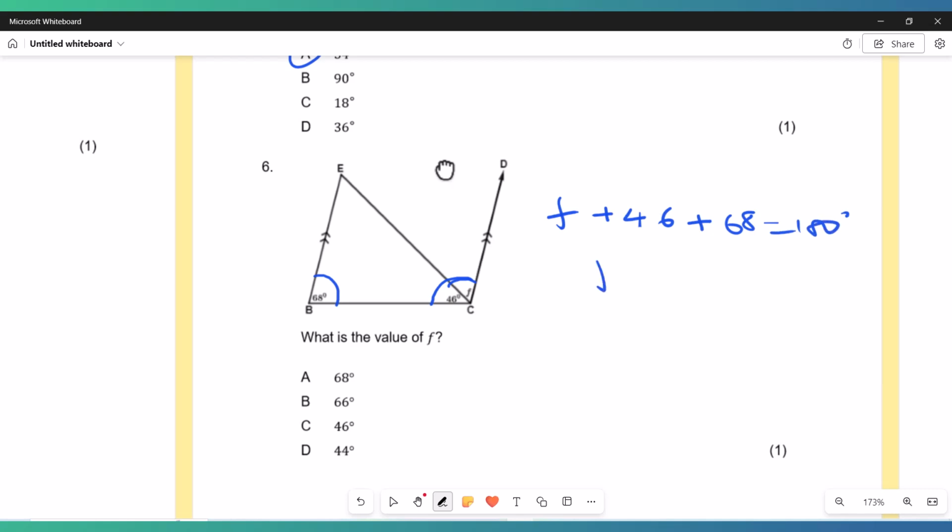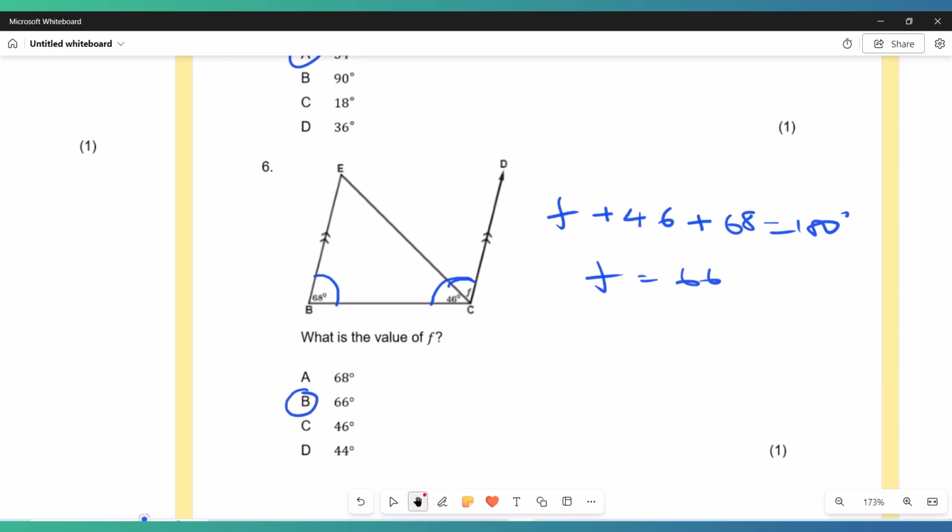So F equals 180 minus 68 minus 46. Let's check it out. I get 66. So the answer is B, because F is 66.